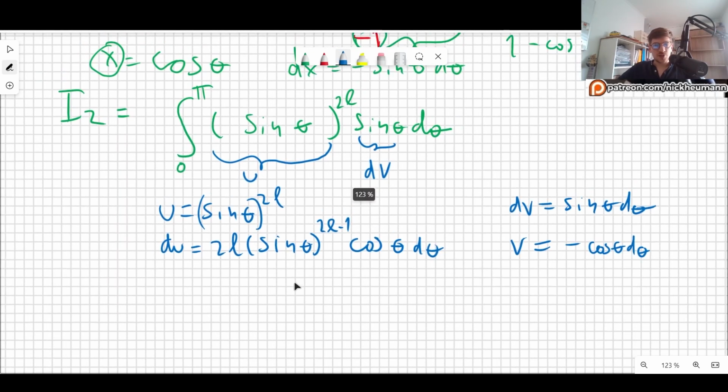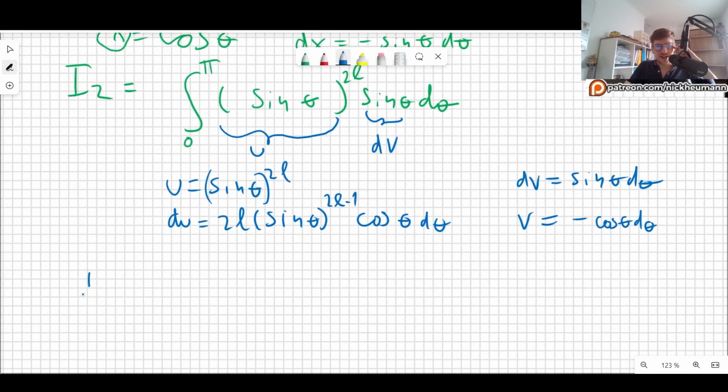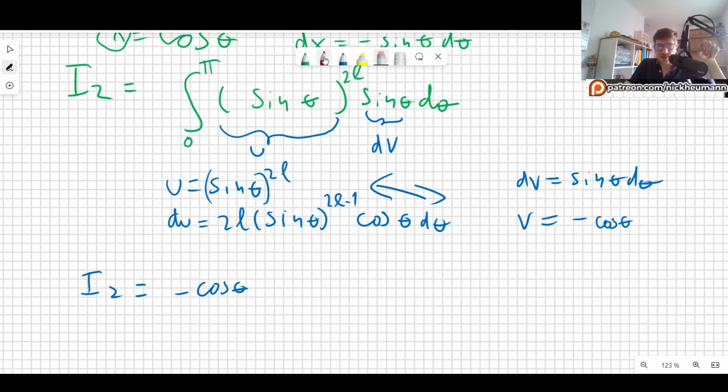Okay, so now let's plug it in. I2 is this cross product, minus cosine theta sine theta to the 2L evaluated between 0 and pi, which is 0 because sine theta is 0 at both ends, so goodbye to this.